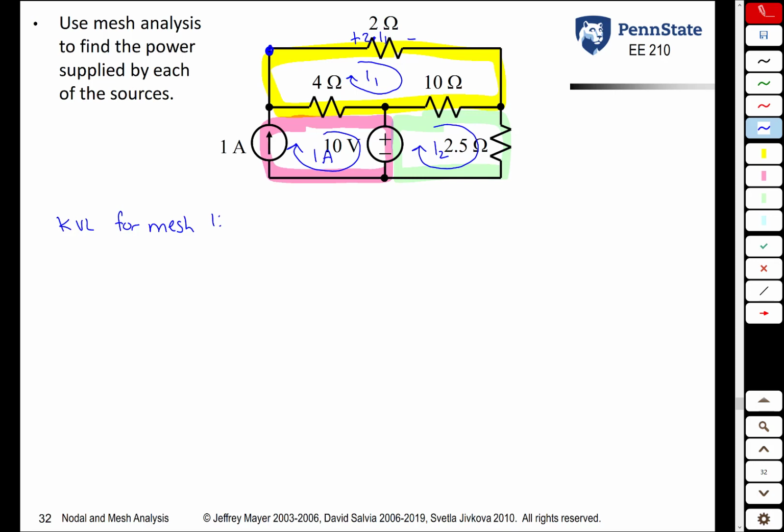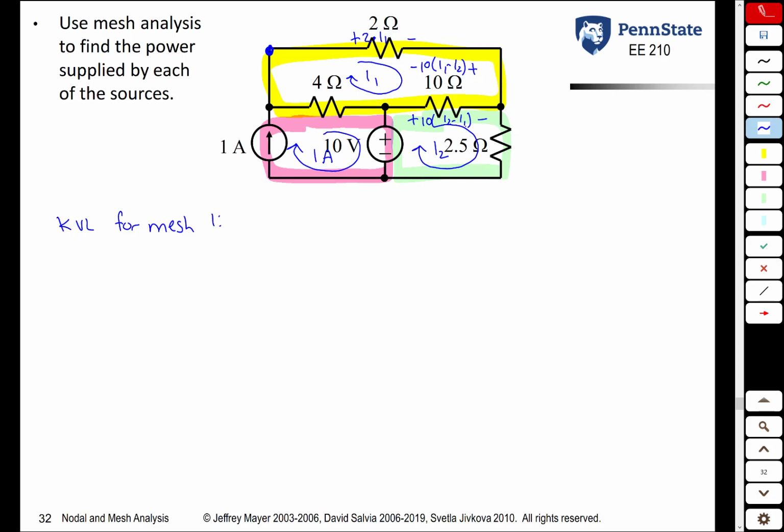So the voltage across the 10 ohm resistor is going to be what? Let's put the plus here and the minus here arbitrarily. In this direction, going from right to left, it's going to be 10 times I1 minus I2. Notice that if we put the plus on the left rather than on the right, it's 10 times, and the current now would be I2 minus I1.